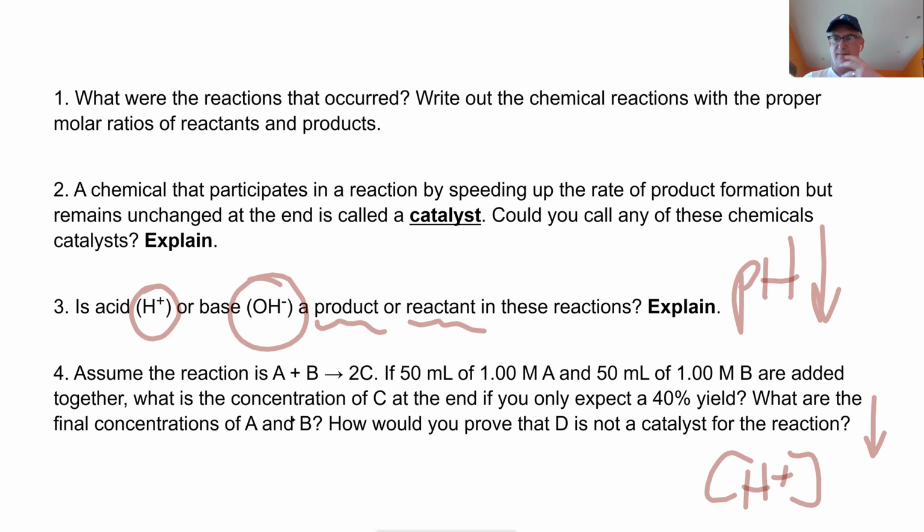Up. It would go up, right? The pH would actually increase, because if we have more hydroxide ion, it reacts with H plus, makes water, reduces the concentration of H plus, and so our pH increases.